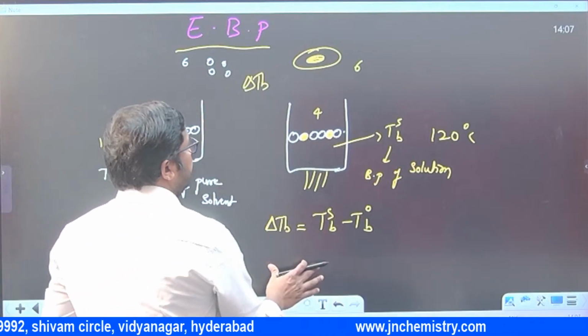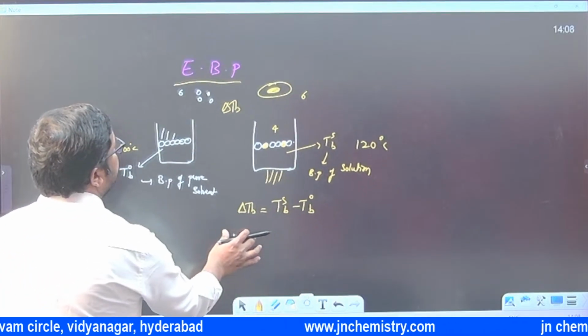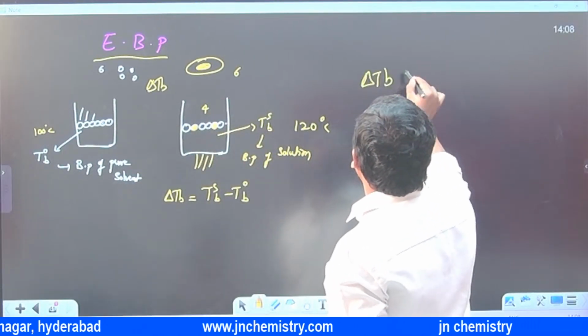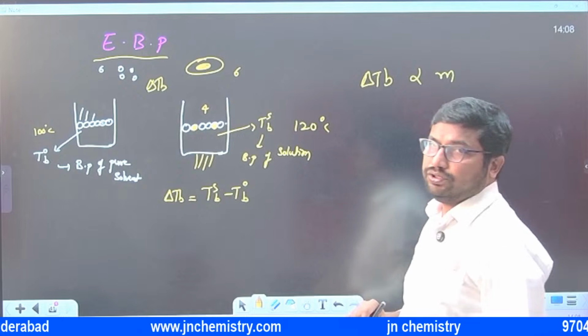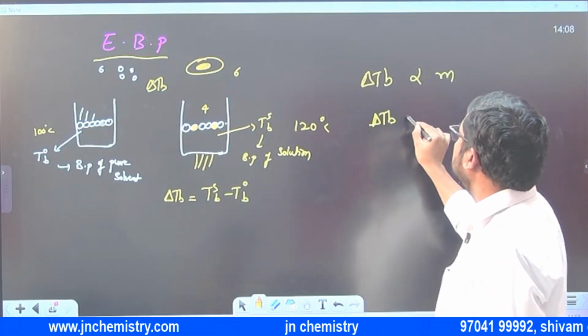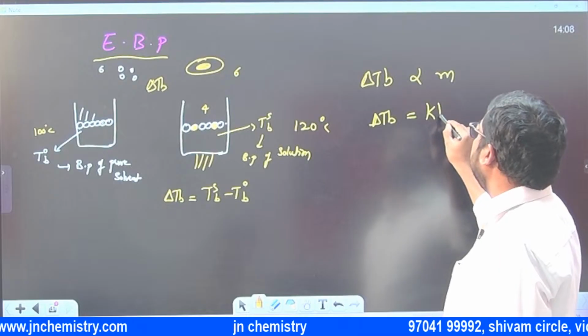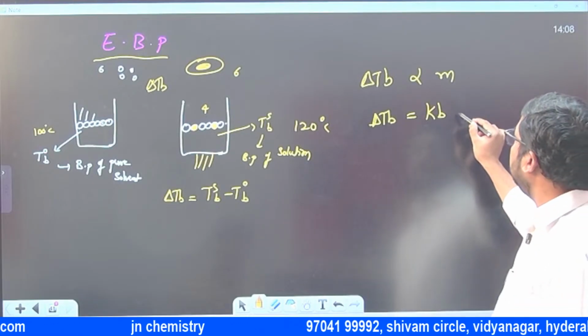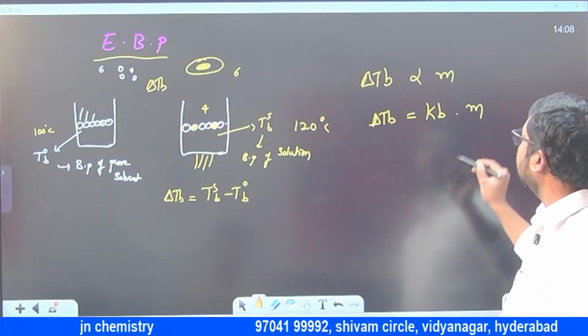Experimentally they determined that delta TB is directly proportional to the molality of the solution. So delta TB equals the proportionality constant Kb, the ebullioscopic constant or molar elevation constant, times m.